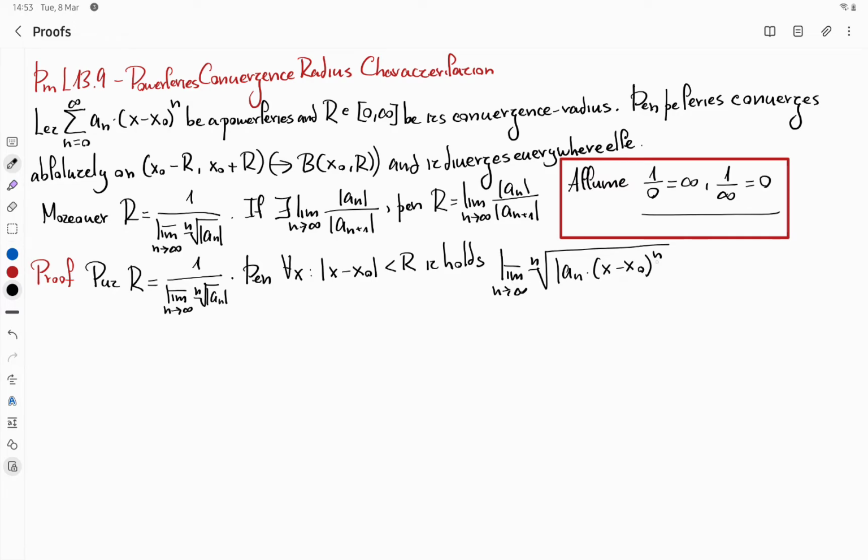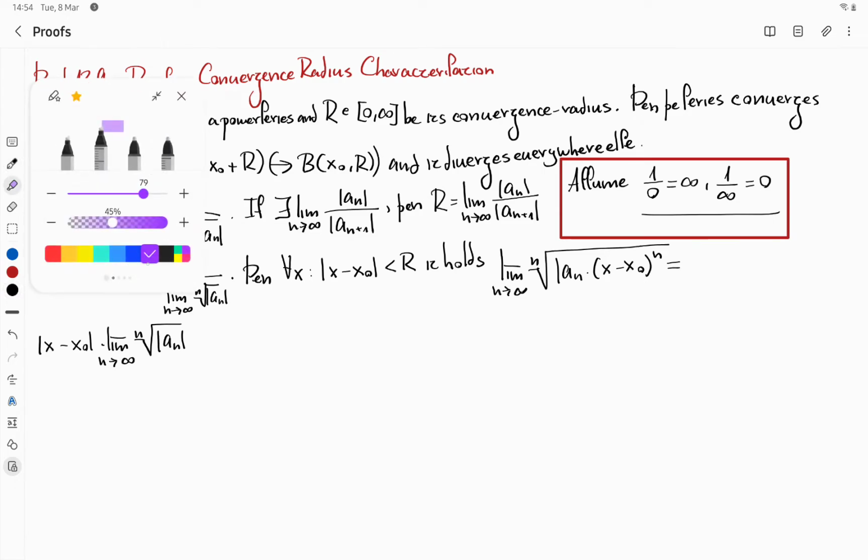Right, so this is equal to, and we can take out the absolute value of x minus x0 because it is fixed. The only moving part is n. So we are left with the limit superior of the nth root of a_n in absolute value. But we have seen this before, right?